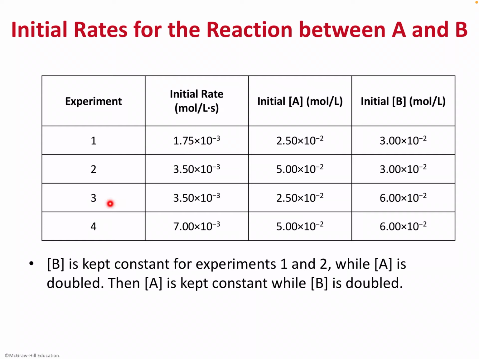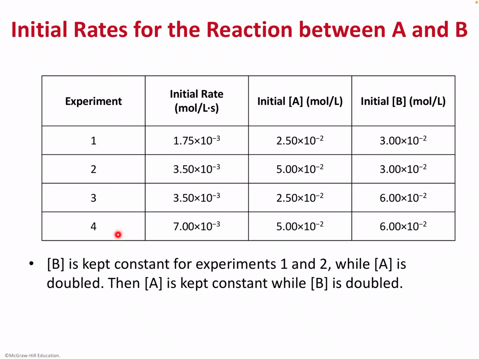And then you run another one, experiment 3. This time you keep the concentration of A constant at 2.50 times 10 to the negative 2, and we double the initial concentration of B. Initially we had 3. Now for experiment 3 we put 6 times 10 to the negative 2. You run another experiment and you monitor the initial rate, 3.5 times 10 to the negative 3.